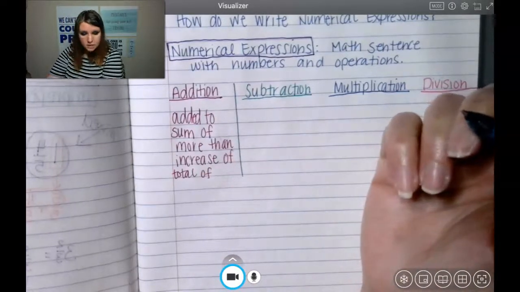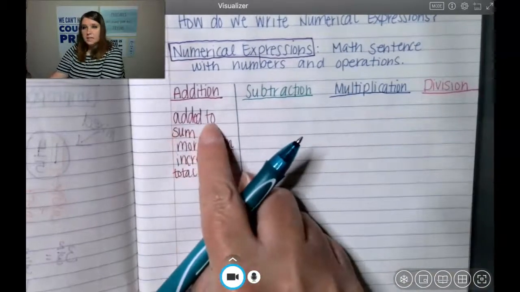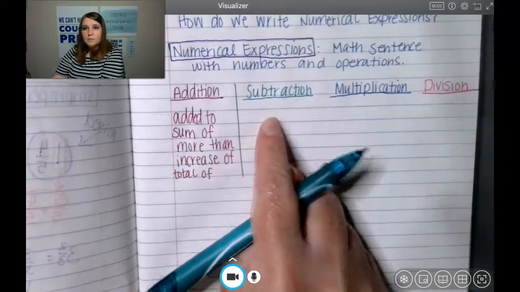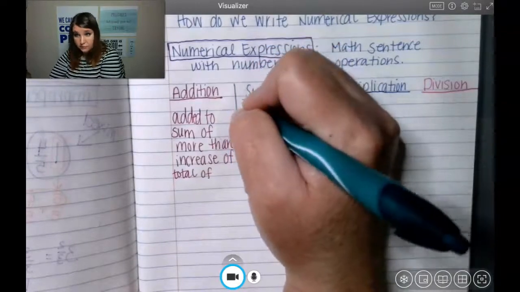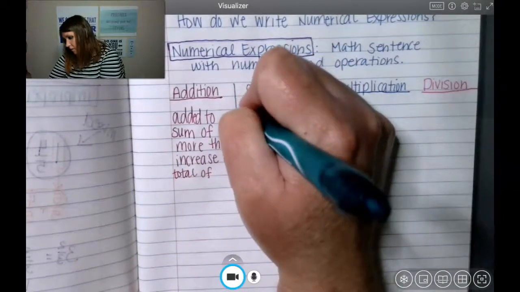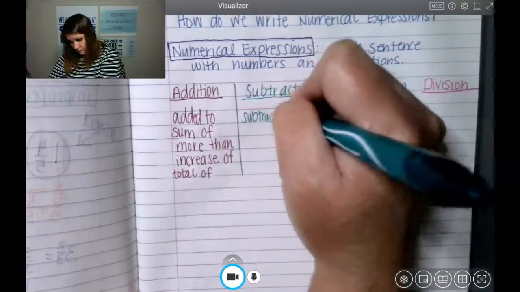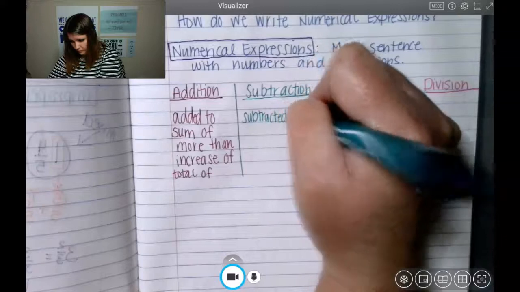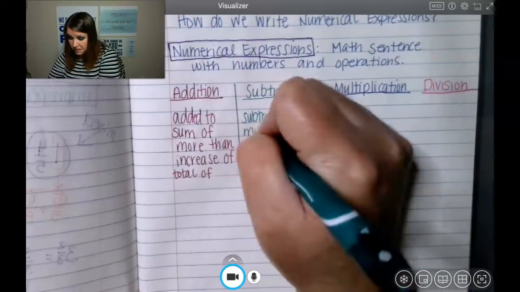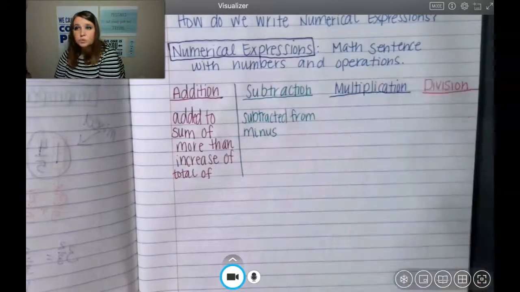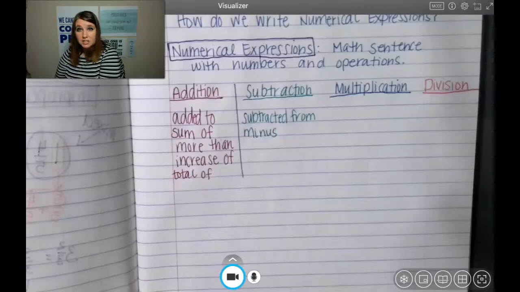All right, subtraction. If added to is in addition, probably minus, right? Or subtracted from would be another one. So let's go with subtracted from. Minus. Minus is always a good clue word that signals to us, hey, you're going to see a subtraction sign.